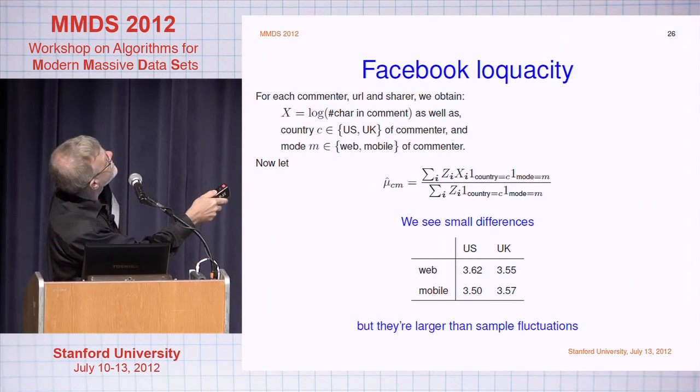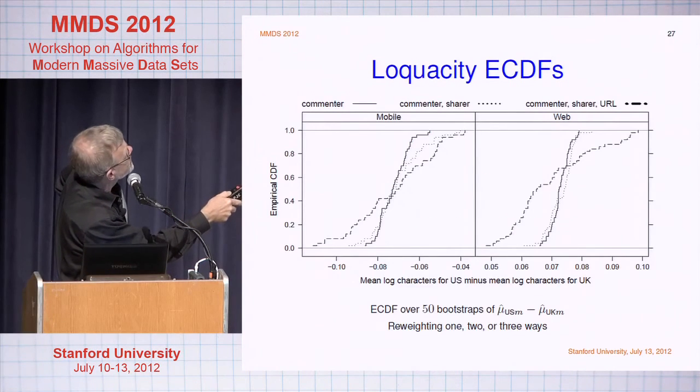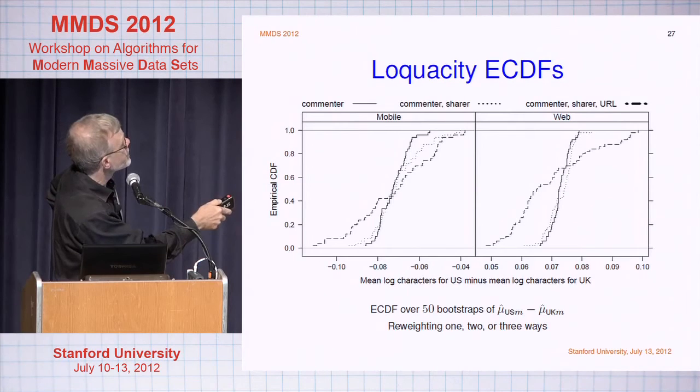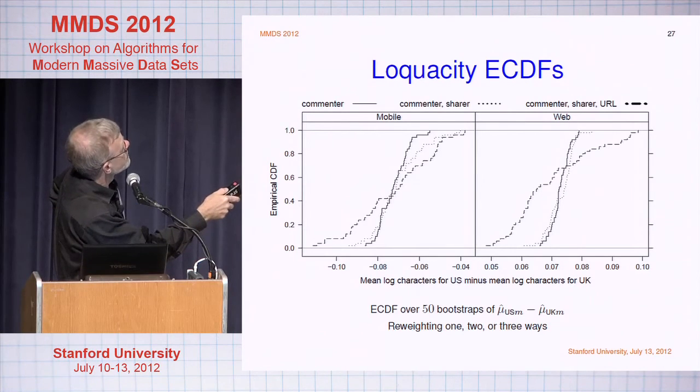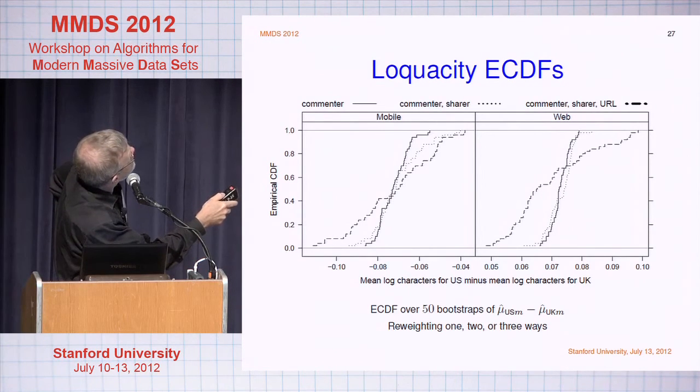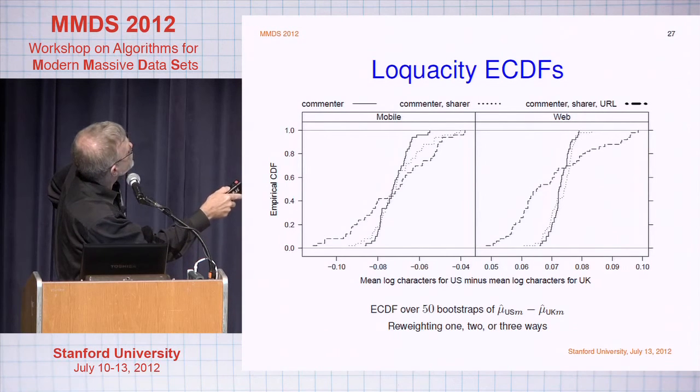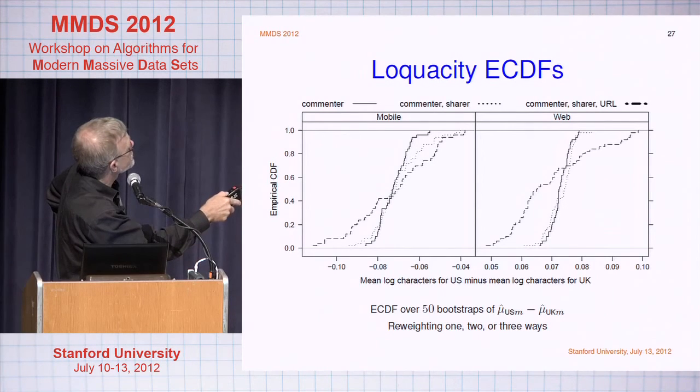And here we bootstrapped the empirical CDF of this quantity. If you just bootstrap the commenter, you get this very narrow distribution, and that's not accurate. If you bootstrap 2 of the indices, you get this. You bootstrap all 3 of them, then you can capture the real uncertainty. I'll tell you what this axis is.